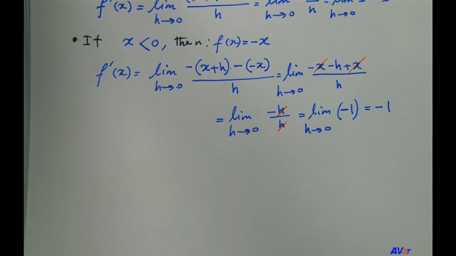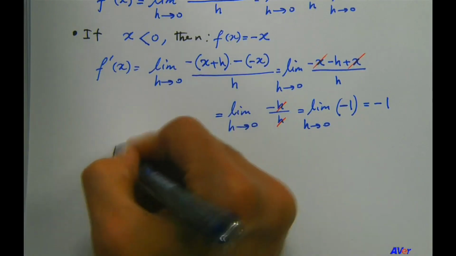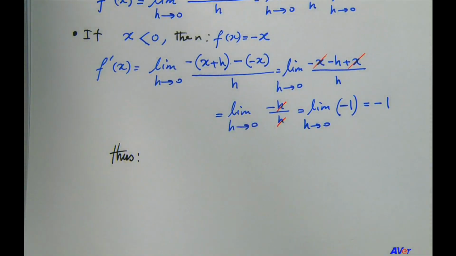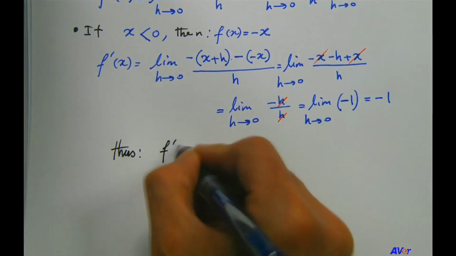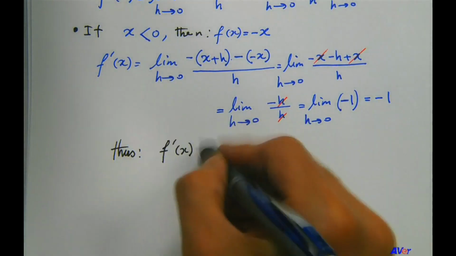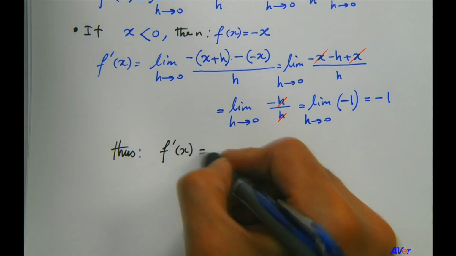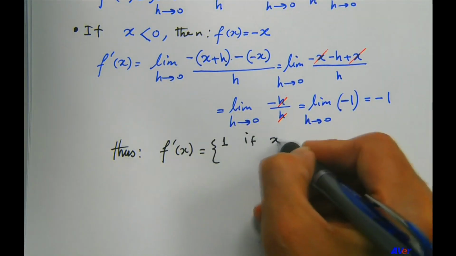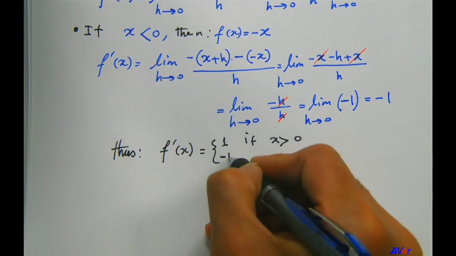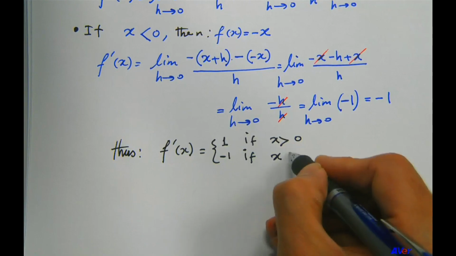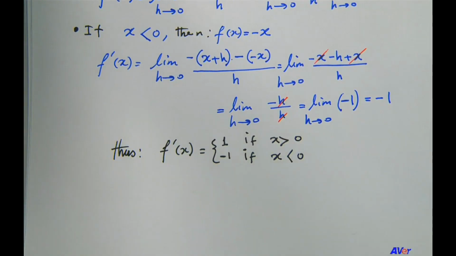Thus, f prime of x, when f of x equals absolute value of x, f prime of x is equal to 1 if x is greater than 0, and it's equal to minus 1 if x is less than 0.